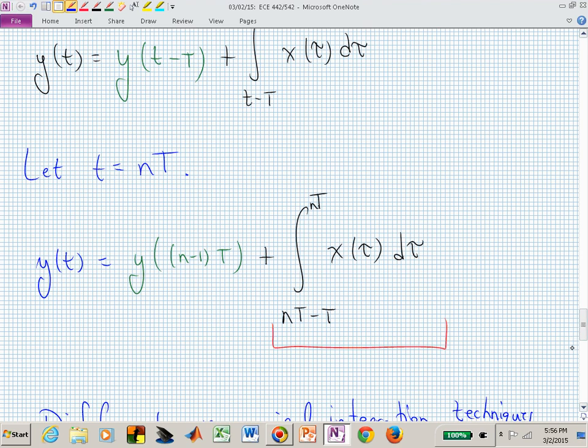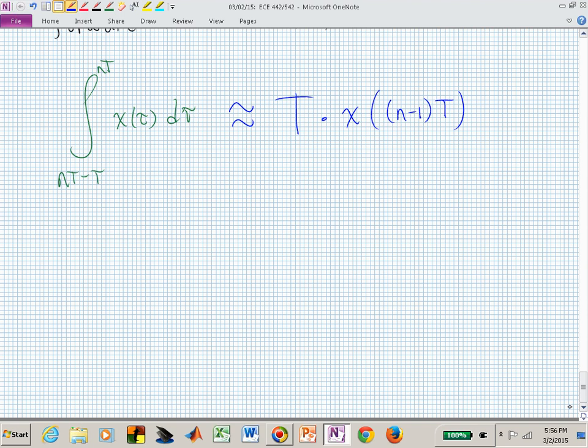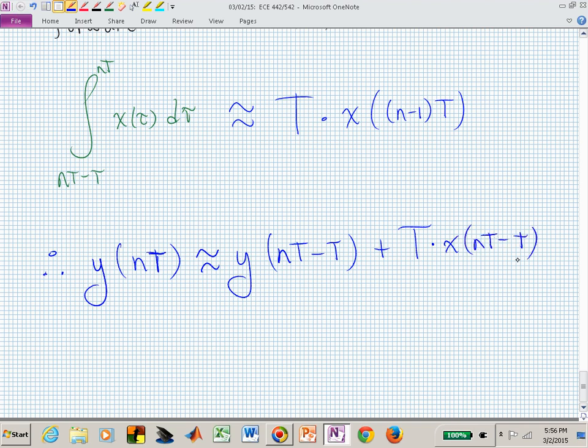We can now rewrite that equation using our forward rule approximation, and we now can say that we have y at little n capital T is approximately y of little n capital T minus capital T plus this approximation of the integral, which now is capital T times x of nT minus T. Where this, I just multiplied it out, but it was just the quantity little n minus 1 times the sample period capital T. That's now our approach to finding the area underneath that curve, where that curve was governed by x of little t.